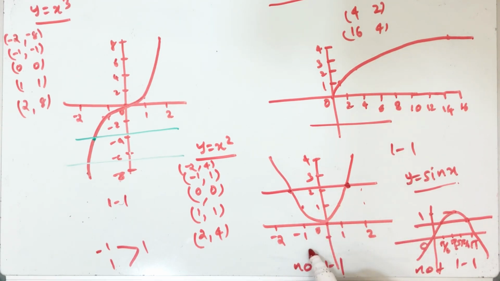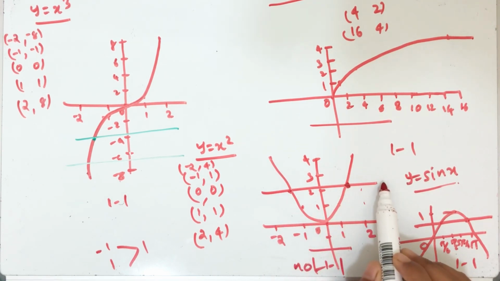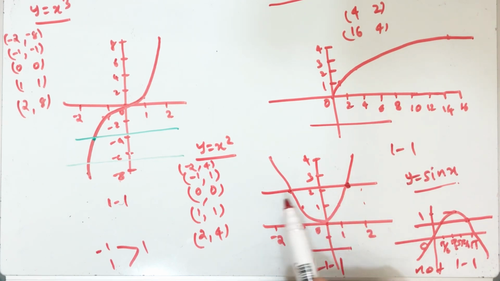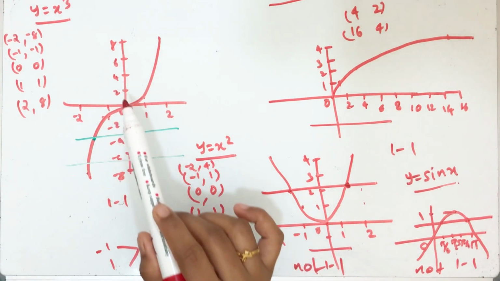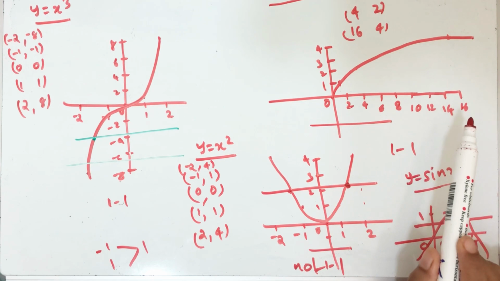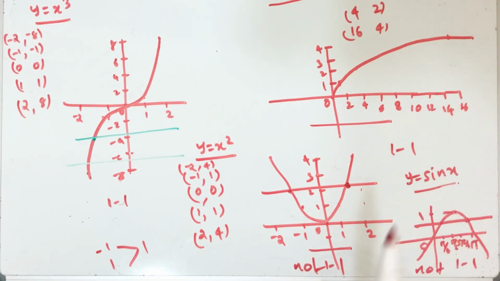We should get at least one horizontal line that meets at 2 or more points. So we have to consider all the horizontal lines. If there exists one horizontal line that meets at 2 points, then it is not 1-1. If all the horizontal lines meet at most 1 point, then it is 1-1.